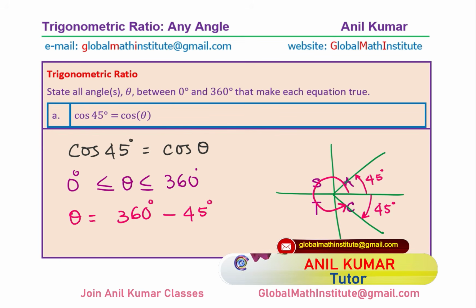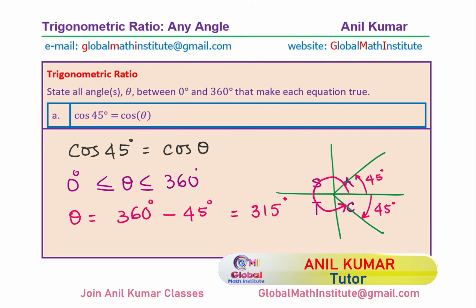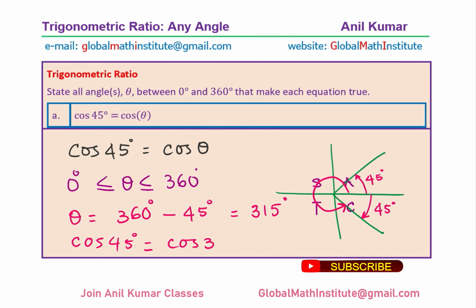That is the concept. So 360 minus 45 gives us 315 degrees. And therefore, theta is 315 degrees, and you can verify that cos of 45 degrees is equal to cos of 315 degrees, and both are equal to square root 2 over 2. Makes sense, correct? So that is how we need to solve these questions.